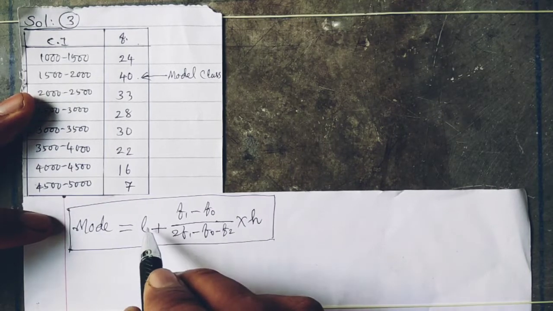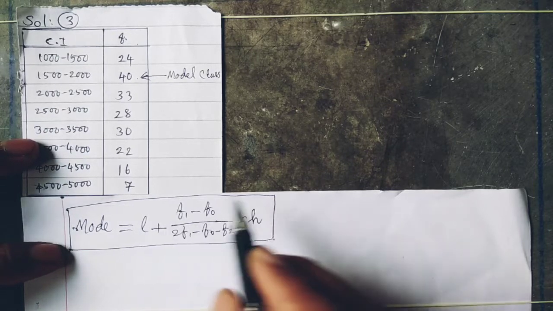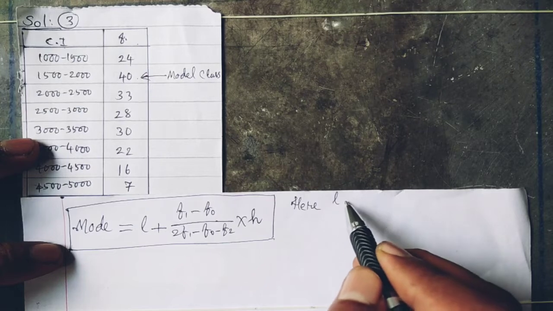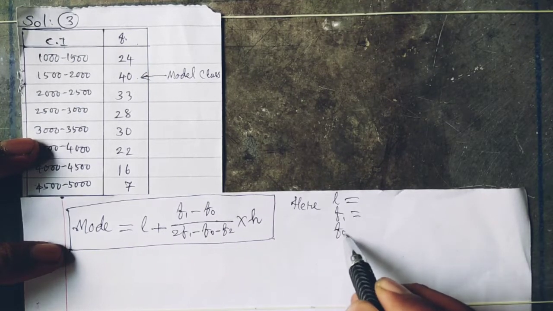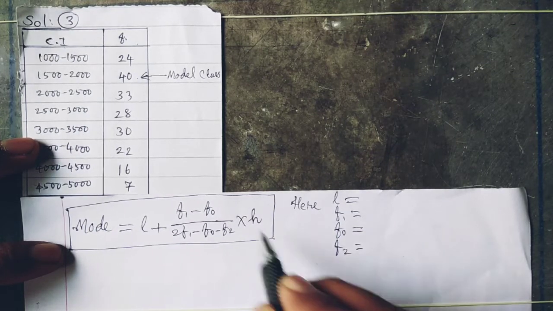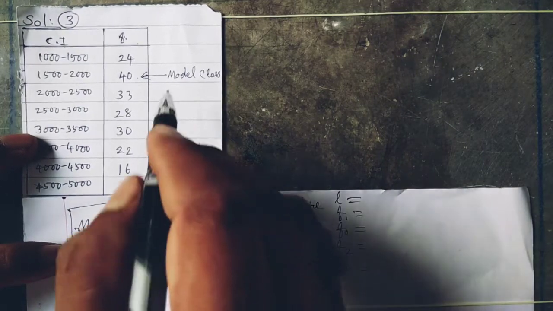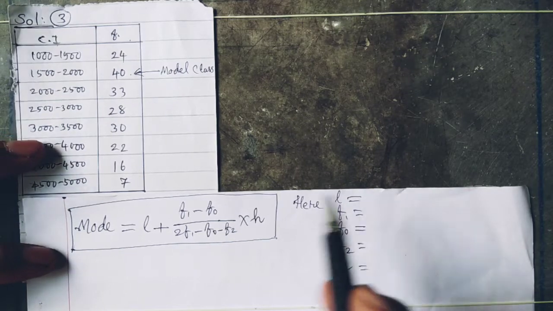In this, we have to know the values of these terms: L, F1, F0, F2 and H. Based on this modal class, we can find all these values.